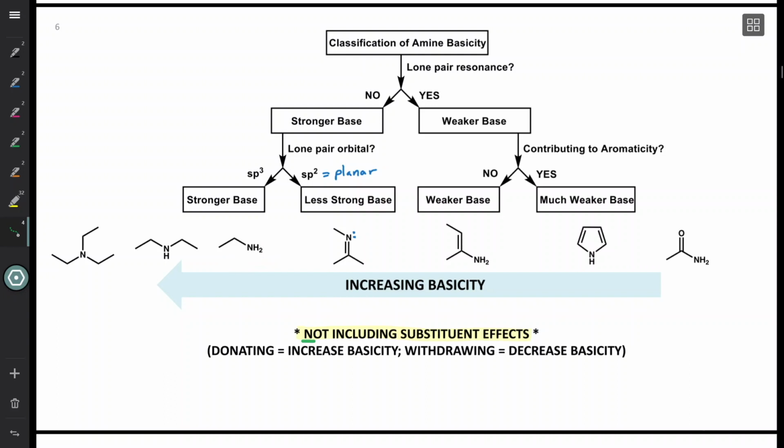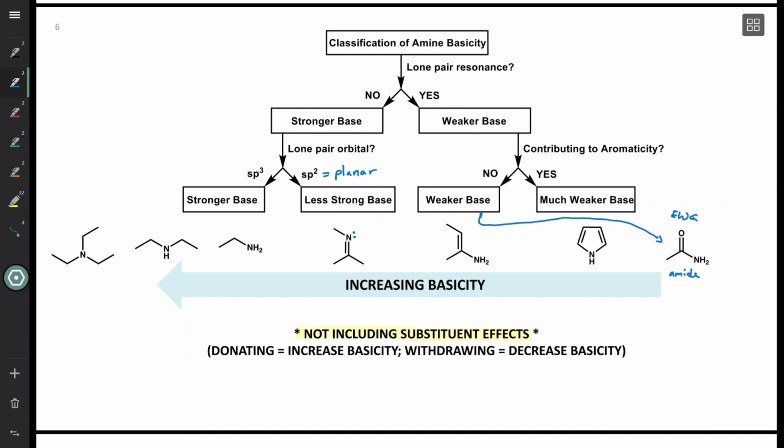Now, as I said, this does not include substituent effects at all, right? So here is my amide again with the electron withdrawing group, and it does not have aromaticity, right? It would follow this path here. It would come out as, yes, it has resonance to the carbonyl, but it's not aromaticity, but it's still actually less basic than pyrrole, right?